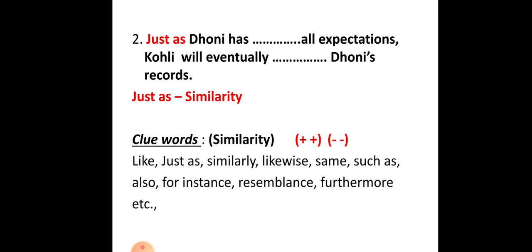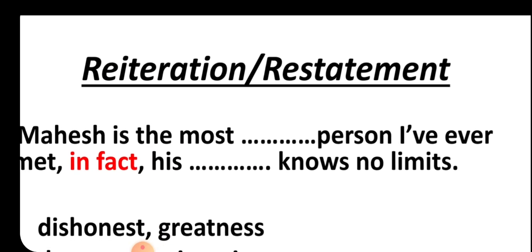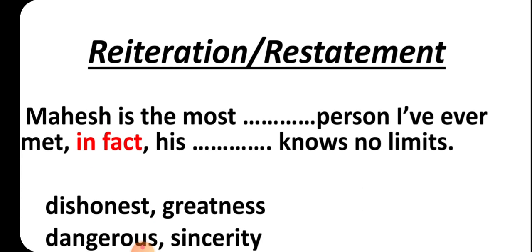Don't worry. Now question number 3. This is another category, reiteration or restatement. When I say reiteration or restatement, that word itself gives you the meaning of what this category would be. In this category you will be speaking about the same point. Let's say in the first sentence I spoke about a positive thing.